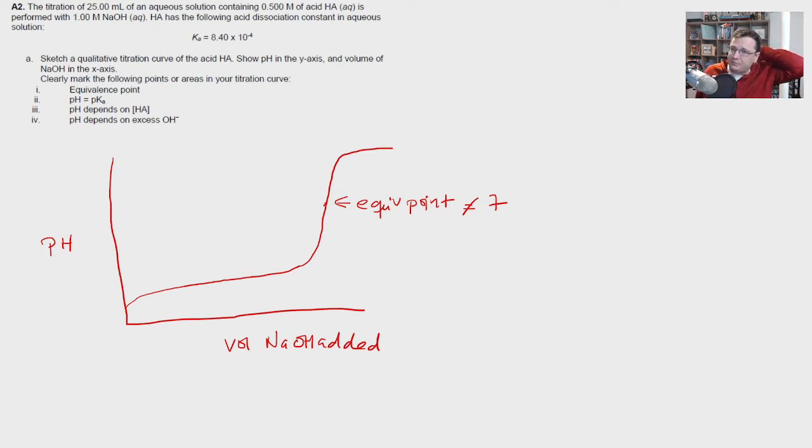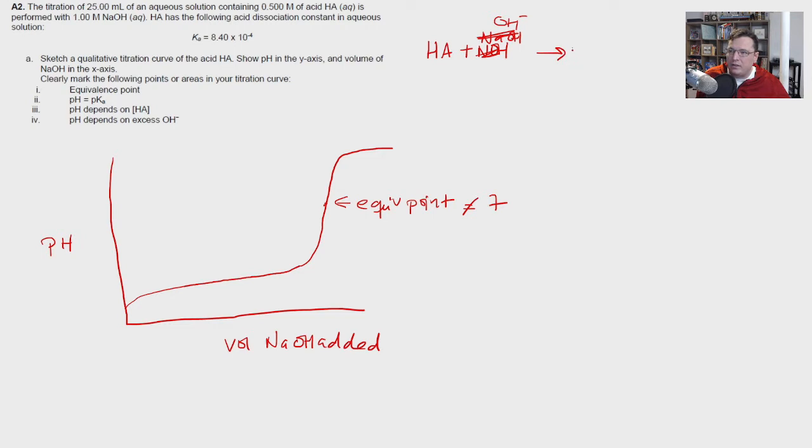What happens is, during the reaction, the reaction essentially during the titration, you're going to have HA plus NaOH, which is the same as just simply saying OH minus, react.